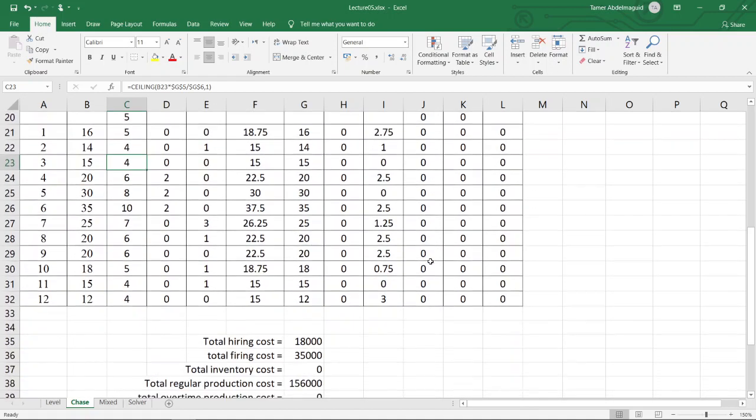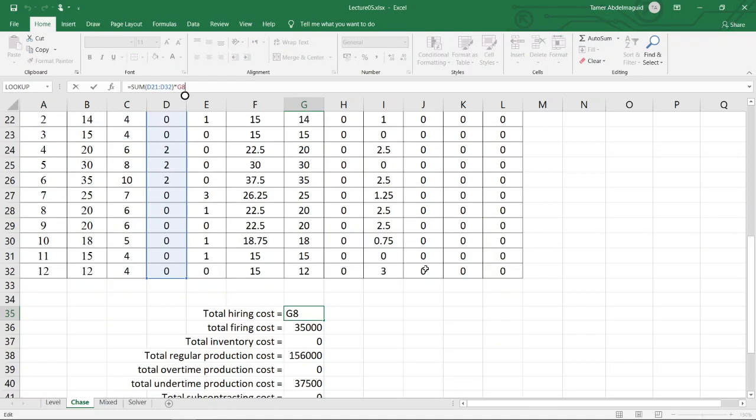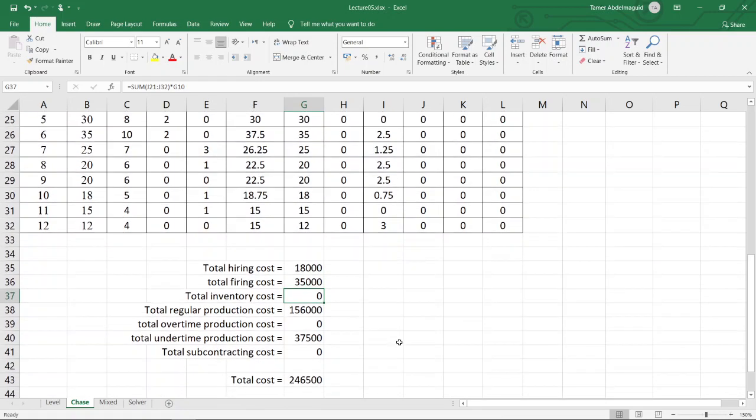Now, similarly, just like what we did before, we calculate the total costs associated with this plan. As you can see here, the cost of hiring and the cost of firing are relatively very high values in this solution. While on the other side, the inventory cost is 0 because we do not hold any inventory in this solution.